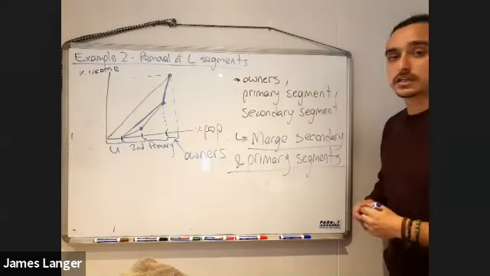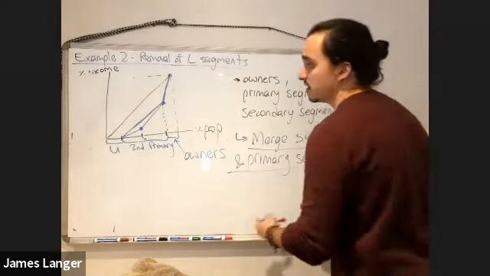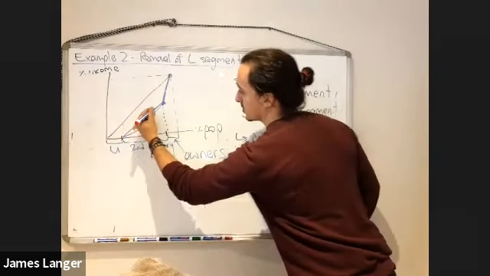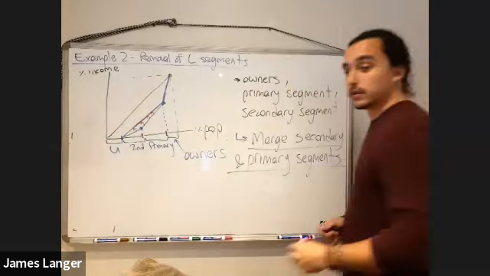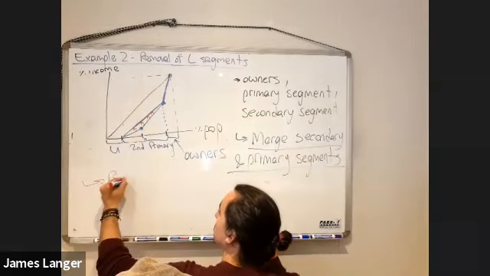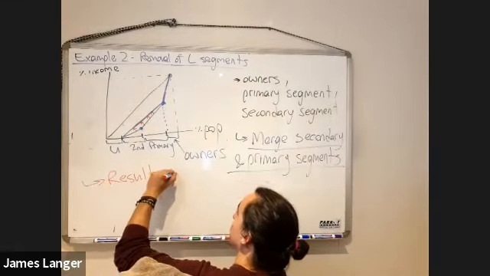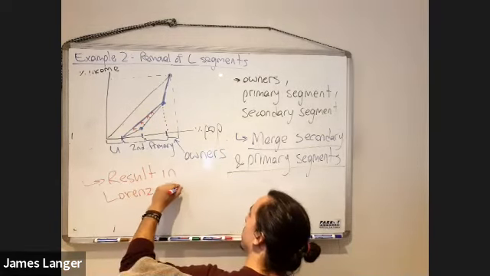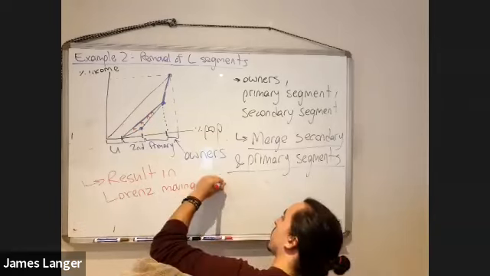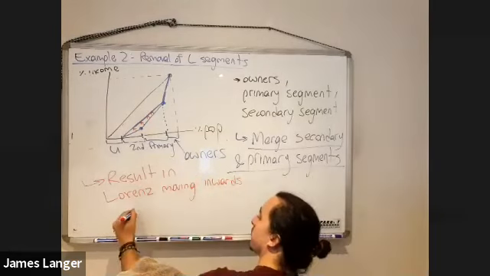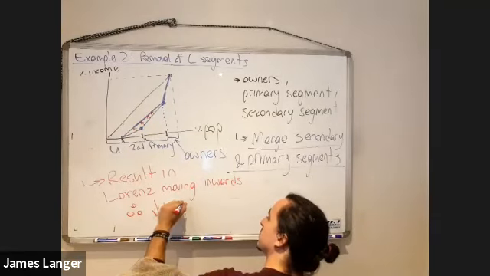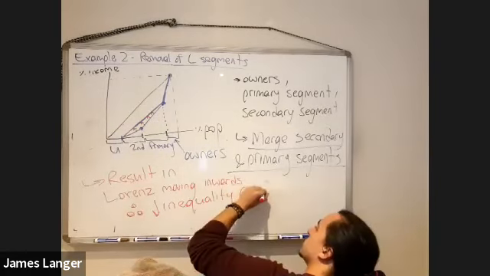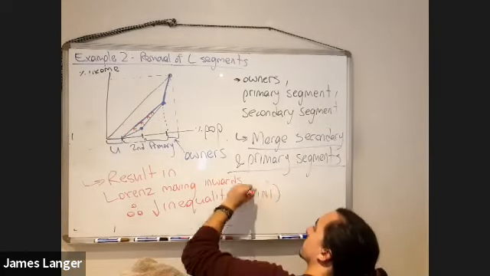So what we see here is the Lorenz curve moving inwards once again. Okay? This would result in Lorenz moving inwards, therefore decrease in inequality measured by the Gini coefficient.